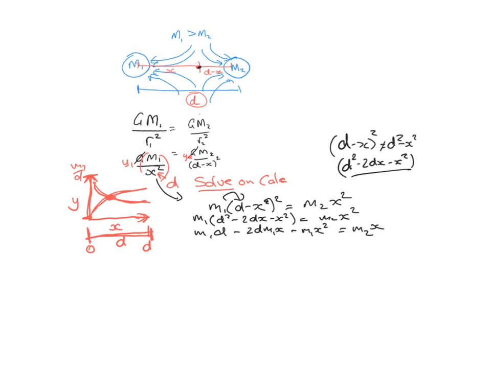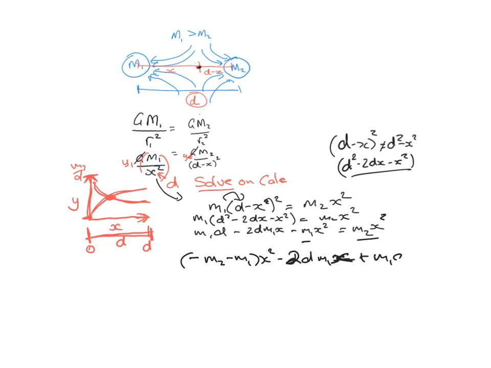So what we can now do is take this away from this side, and you get something like (m1 minus m2) x squared minus 2d m1 x plus m1 d squared equals 0. This is so much harder when there's no numbers in it.